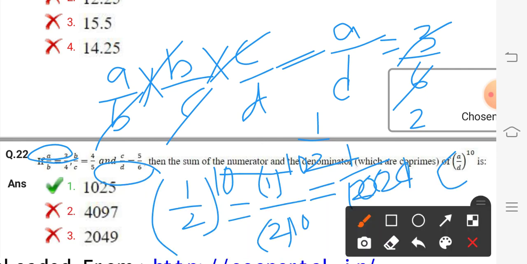So the sum of numerator and denominator: numerator is 1 plus denominator 1024. We get 1025.